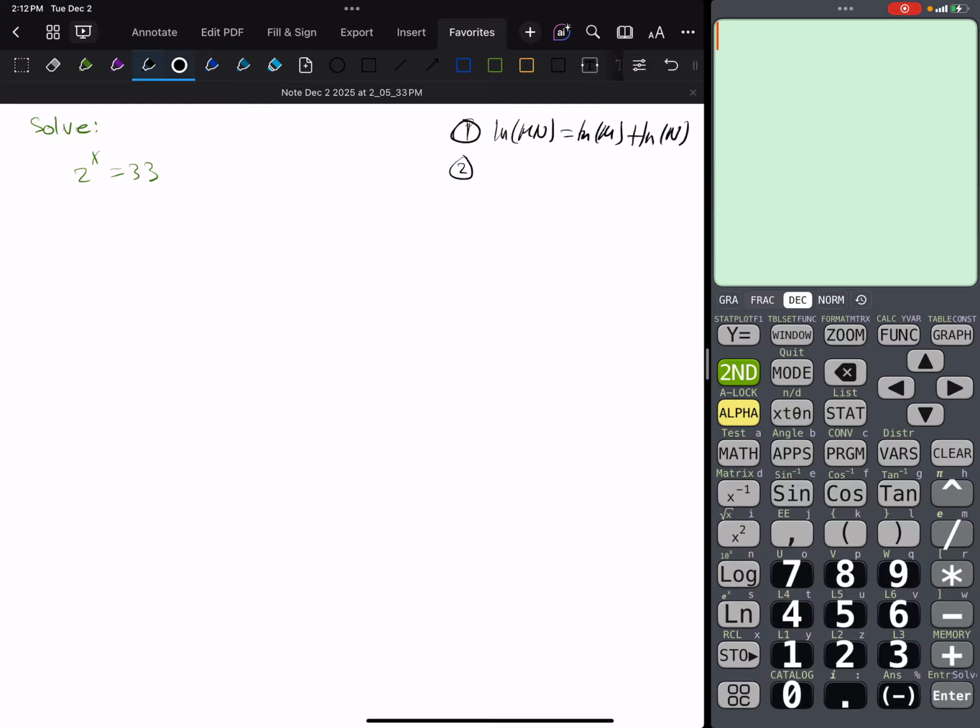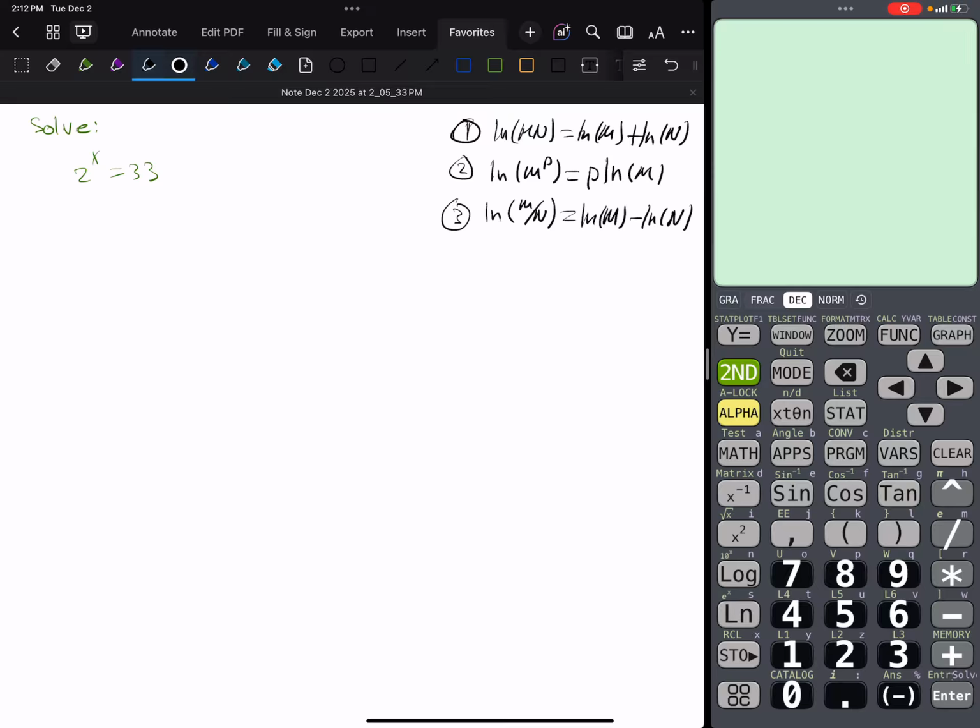Rule 2 is the log of an argument raised to a power is the power as the coefficient of the log of my argument. And 3 is my division: the natural log of one value divided by another is the natural log of the first minus the natural log of the second.